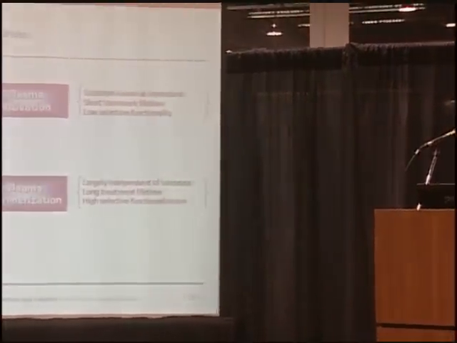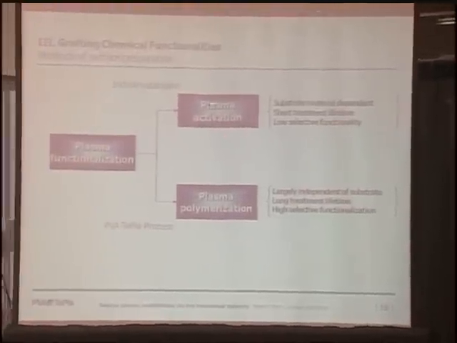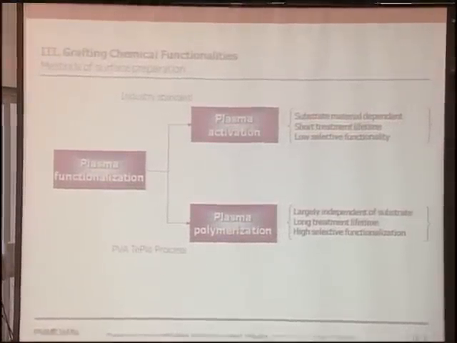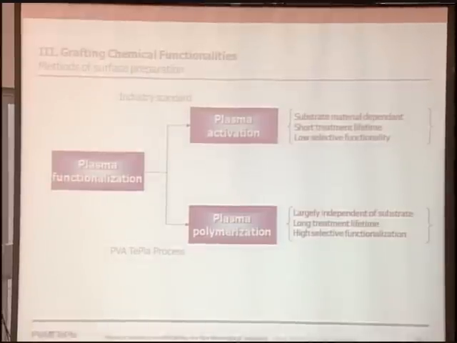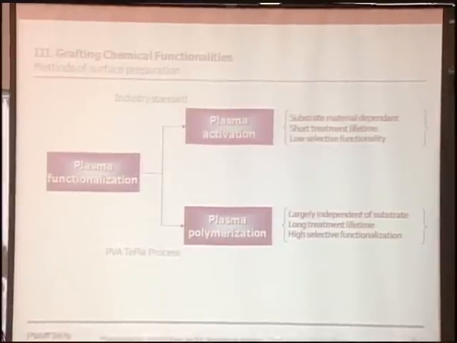Okay, there are two main ways of plasma treating a surface, trying to chemically functionalize the surface. The first is a straight activation process, and the second is what we call a plasma polymerization process. This is by far the better method. A plasma activation, let's say you're looking for a primary amine group. So you feed ammonia gas into your chamber.